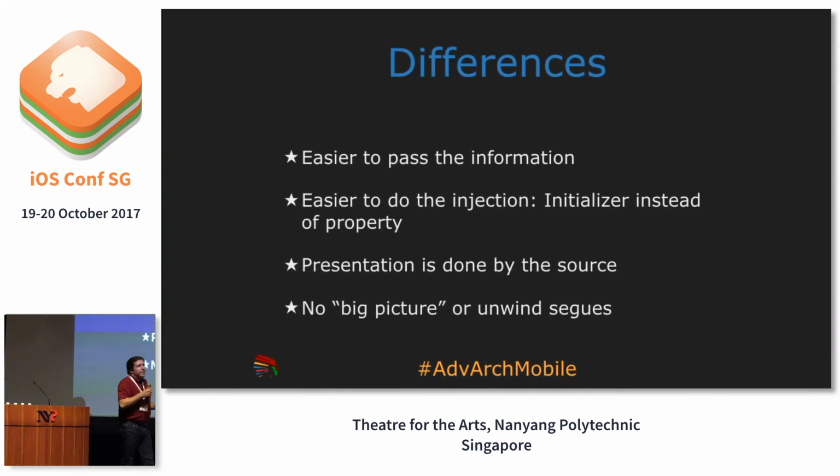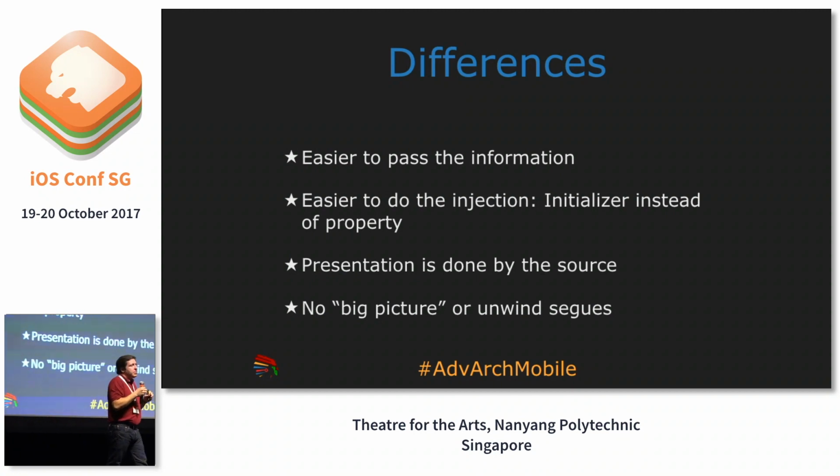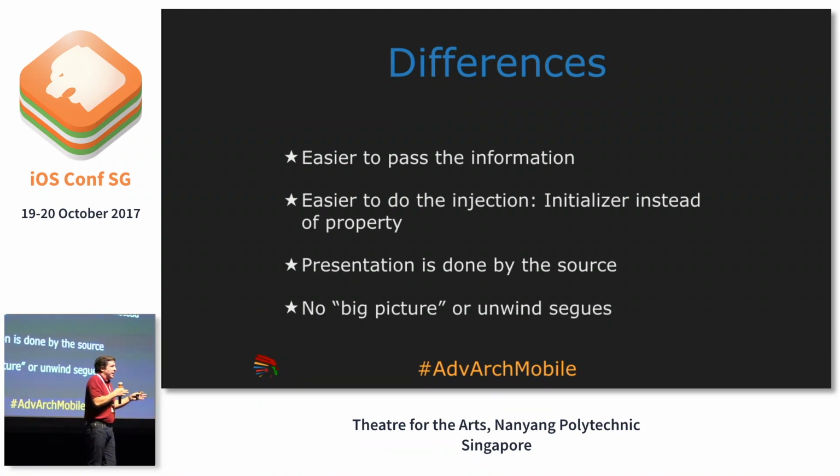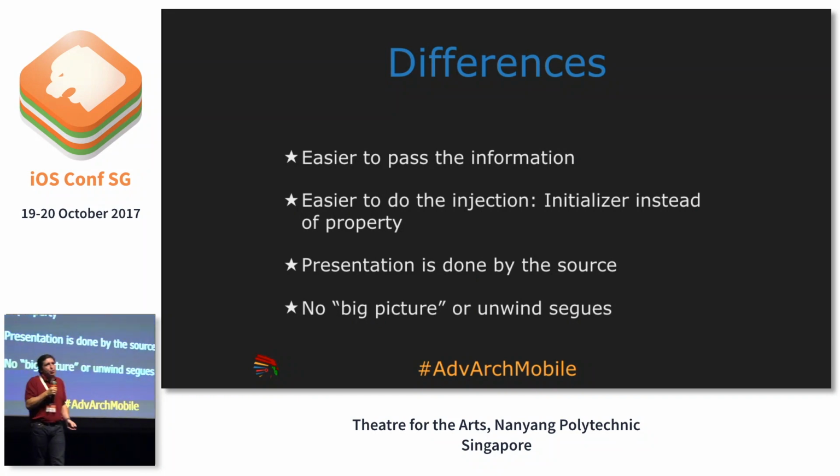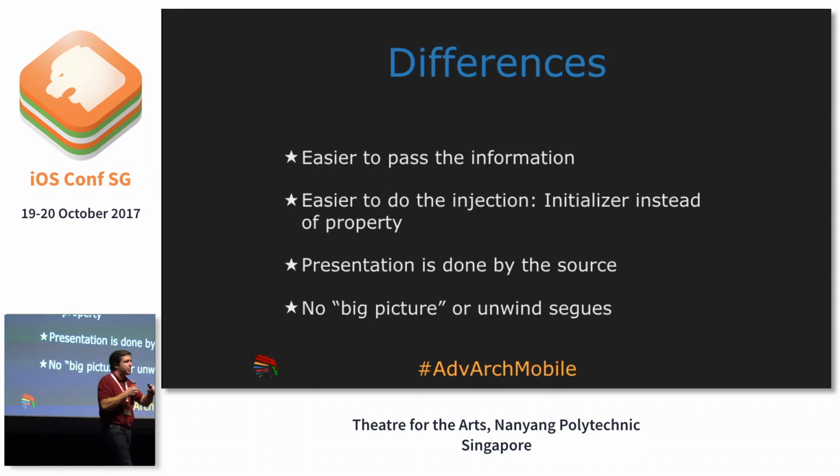Well, there are a few changes, and some of them are for the better, some of them are for the worse. So the good part is that it is easier to pass the information to the next view controller because we don't have that disconnect between the perform segue and the prepare for segue. Also, it is easier to do the injection.